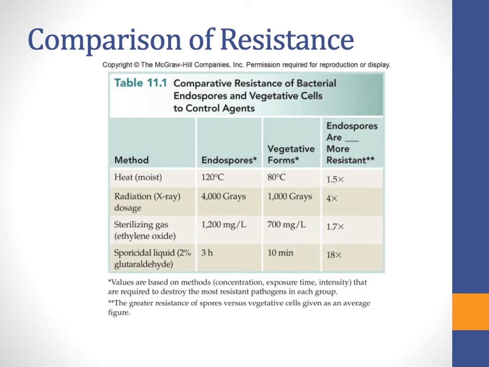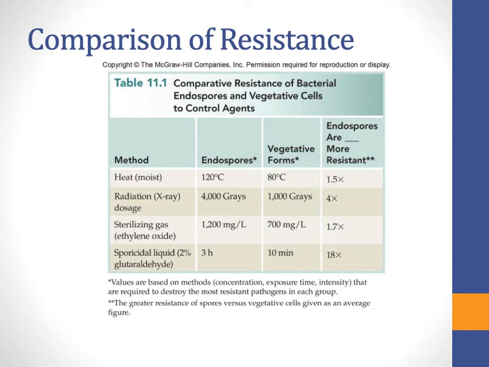So keep in mind that different organisms have different levels of resistance. In this table, we see endospores being more resistant than vegetative cells, looking at different methods such as using heat with moisture, irradiation, or using something like the Sporacidin glutaraldehyde solution that we use in our lab.